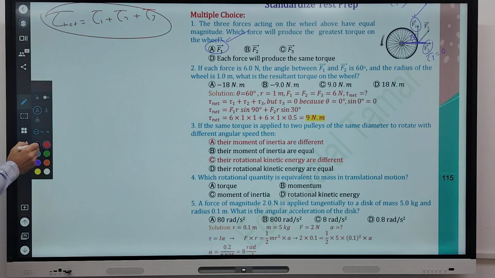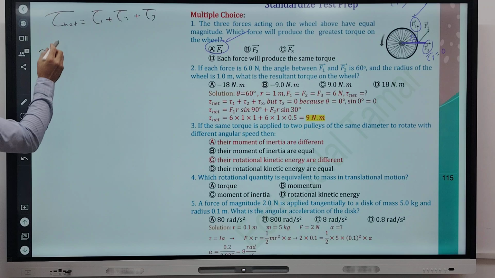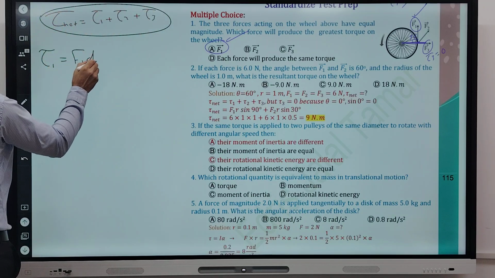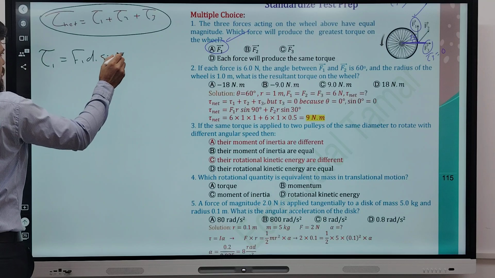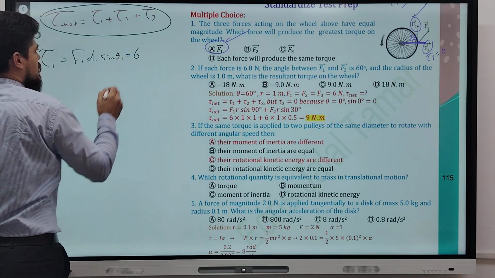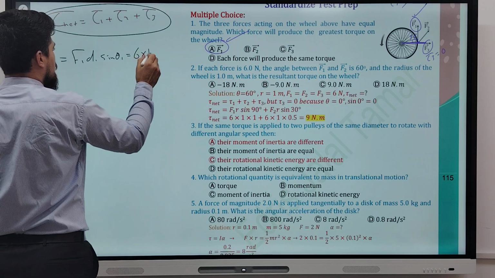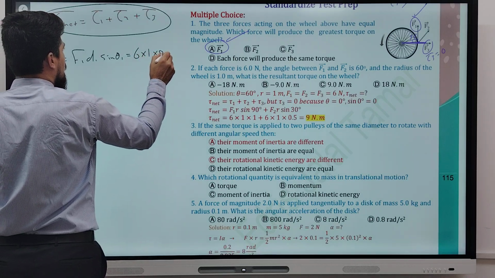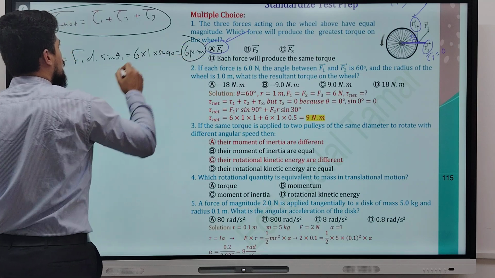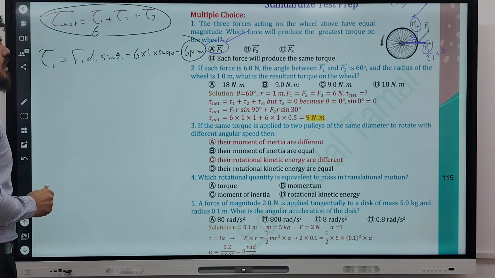Torque number 1. Torque number 1 is equal to F1 D1 sine theta 1, okay? F1 6 Newton times D 1 meter sine 90 is equal to 1 is equal to 6 Newton meter. What is this? This is torque number 1.